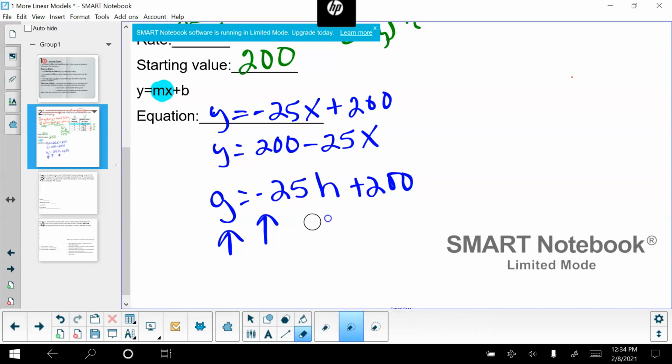So a lot of times we see it written with different letters instead of x's and y's, but the letters should represent what we're talking about.